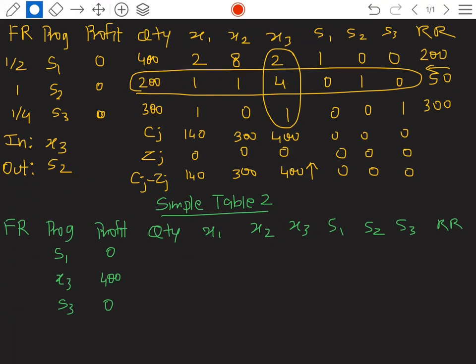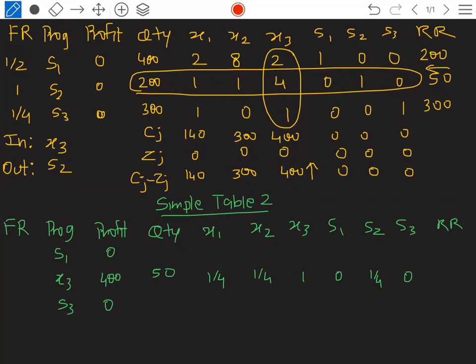So this will be 200 divided by 4, 1 divided by 4, again 1 divided by 4. So let us quickly write down those numbers in our table. We have 200 divided by 4, which is 50. Then the other is 1 by 4. Then x3 will be 1, 0, 1 by 4, and then 0.